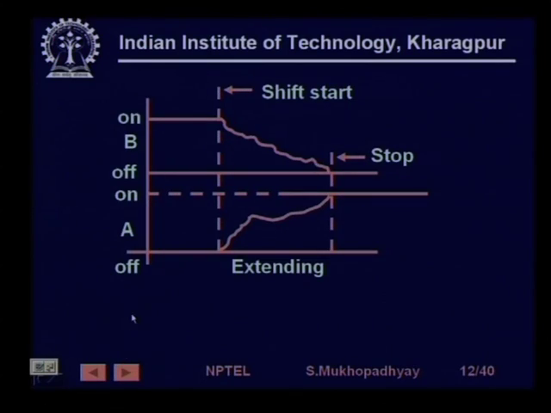At a certain point you can start shifting, and as it shifts, the pressure at one terminal will fall and the pressure at another terminal will rise. When it rises up to a certain level, the shifting has to stop, so that a certain amount of pressure is reached across the cylinder.